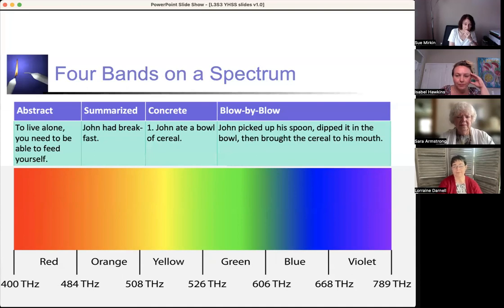We say that if it's below 484 terahertz, then we call that red, and if it's above 484 terahertz and below 508 terahertz, then we call it yellow. And those are just as arbitrary as abstract, summarized, concrete, and blow by blow. These are useful. It's nice to be able to say, make it a little bit more green.